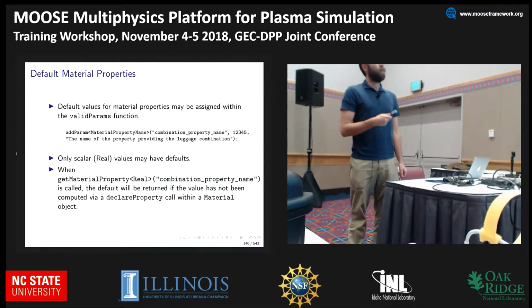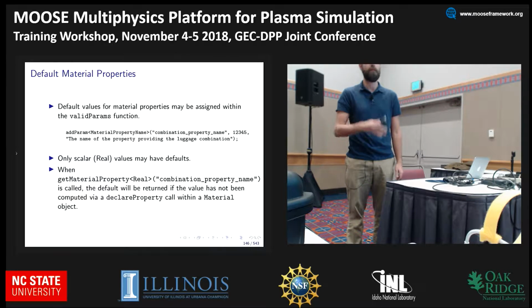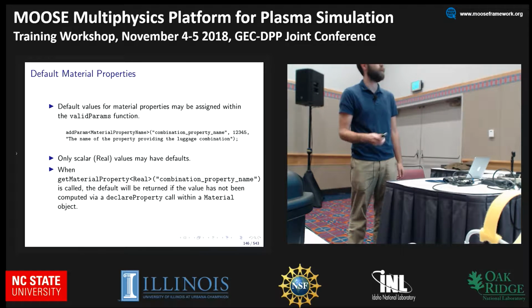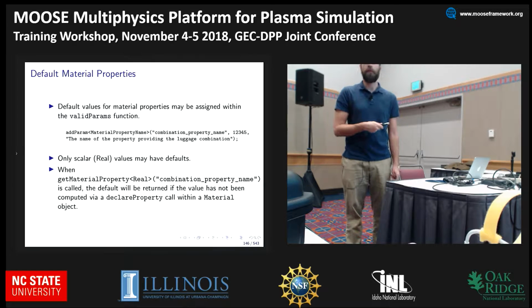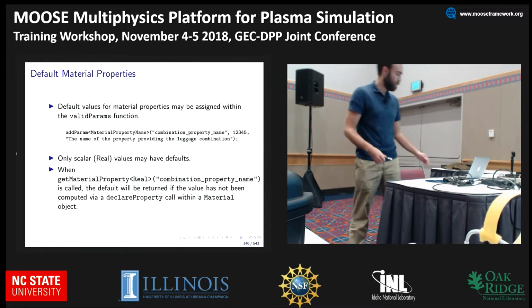One important thing is that default values for material properties can be assigned within the validParams function. So the program will still run even if you're not inputting one manually. Only real values may have defaults though, not vector values.